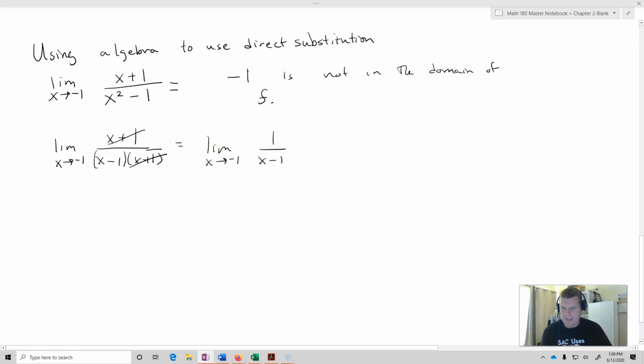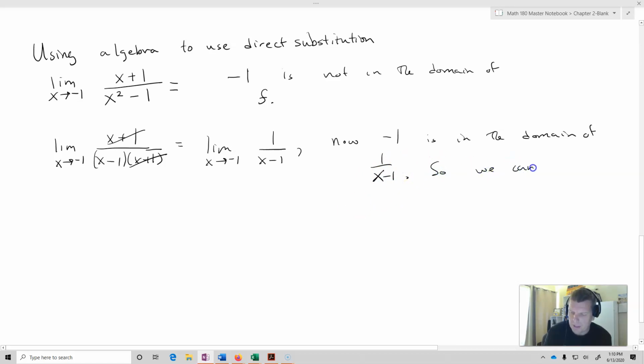And what you'll notice, this is one of the ones that we did in the intuitive ones, is that now -1 is in the domain of 1 over x minus 1. That's not f, but it's similar to f, okay? So we can now direct substitute.